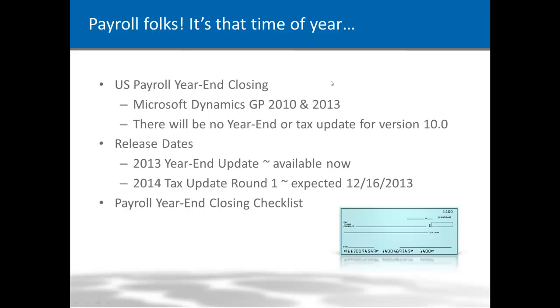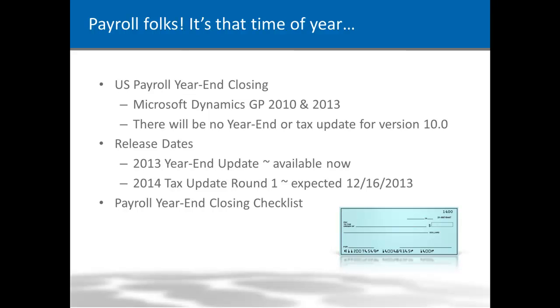For payroll folks, there's a U.S. payroll year-end closing for GP 2010 and 2013. There is no year-end file or tax update for version 10. So if you're on version 10, you have to get up to at least GP 2010 or GP 2013, and I believe that all of our clients have done that. Release dates: the 2013 year-end update is available now.